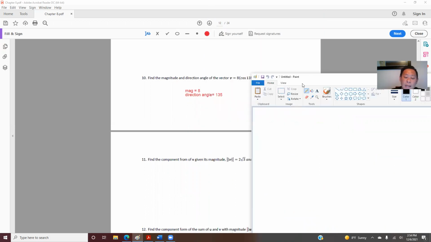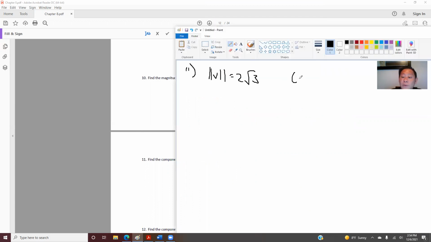Let's say that the magnitude of v in this case is 2√3, and theta is 45 degrees. The vector v is given by the magnitude of v times cosine theta i plus sine theta j.